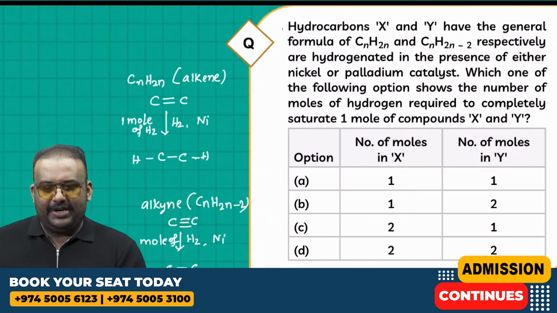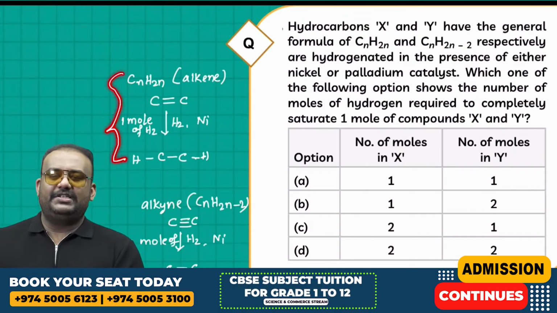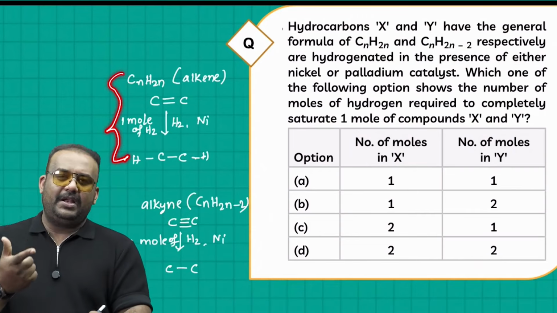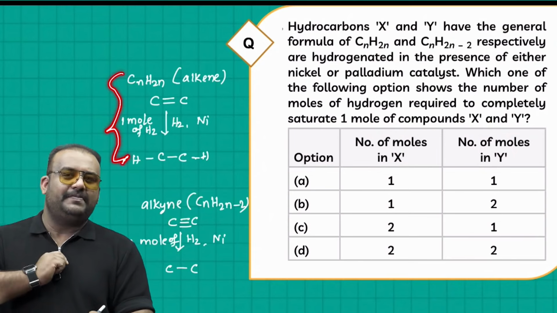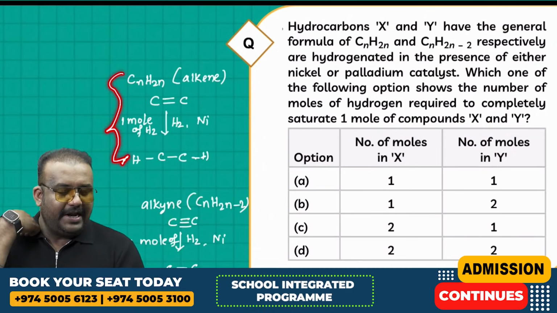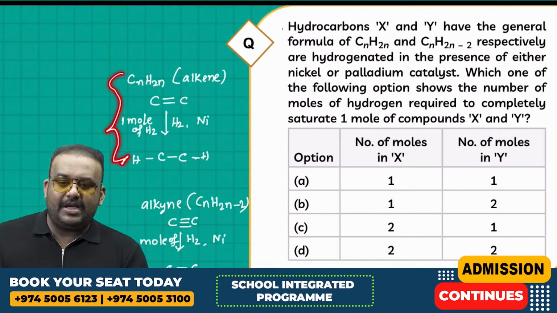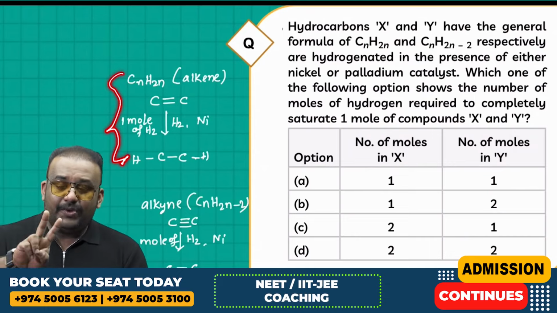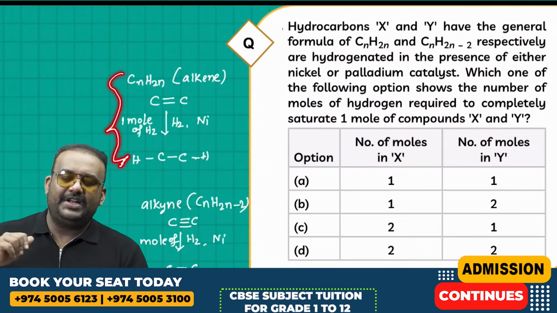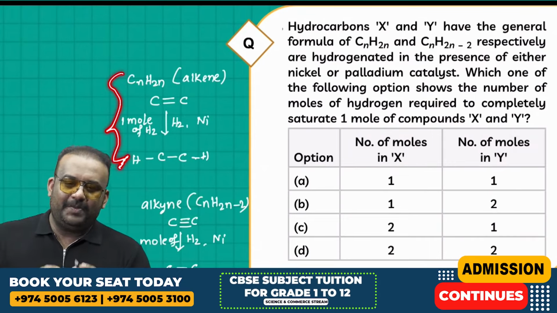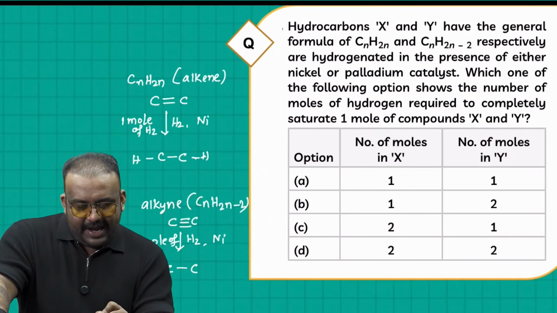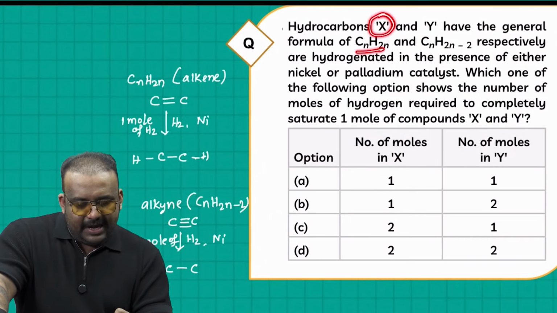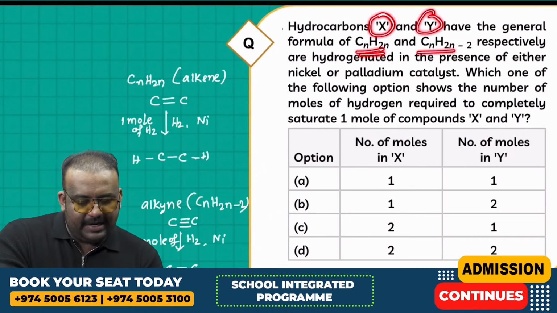So I need 2 moles of hydrogen to completely hydrogenate it. That is the key point here. To hydrogenate an alkene completely, you need 1 mole of hydrogen, if it is only 1 double bond, right? And to hydrogenate an alkyne, you need 2 moles of hydrogen. Hope the concept is clear. So here X is an alkene and Y is an alkyne.